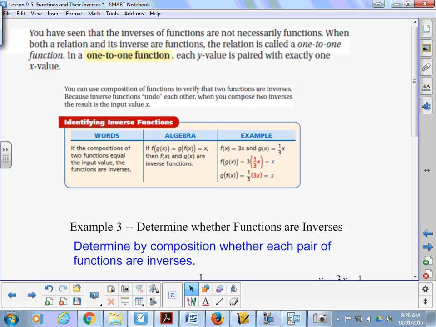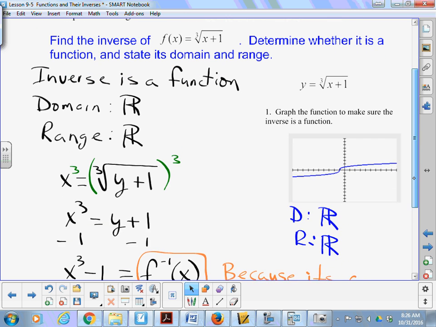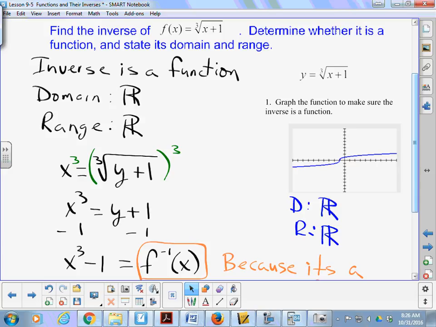All right, so we've seen that inverses of functions are not necessarily functions. When both a relation and its inverse are functions, the relation is called one-to-one. So it's a one-to-one function. So those two functions we just looked at here, with the cube root and the cube, those are called one-to-one because the function and the inverse were both functions.